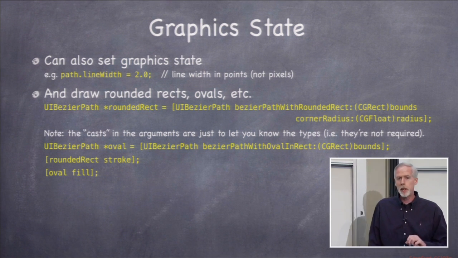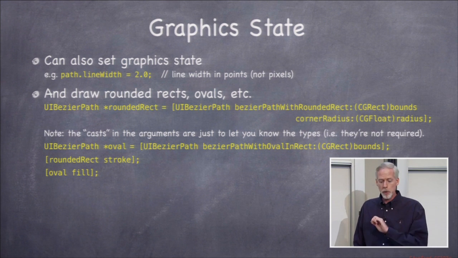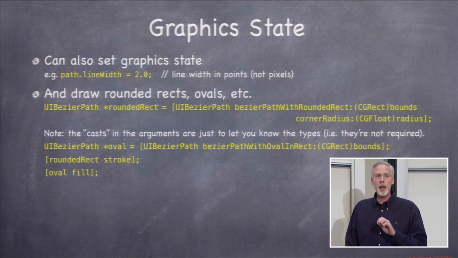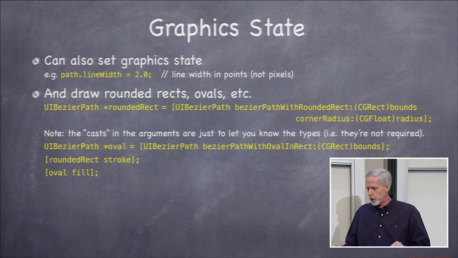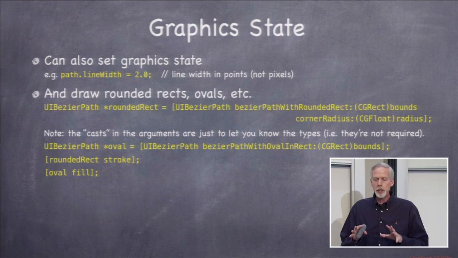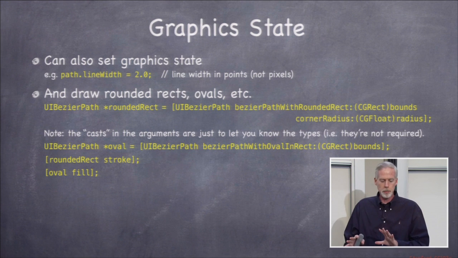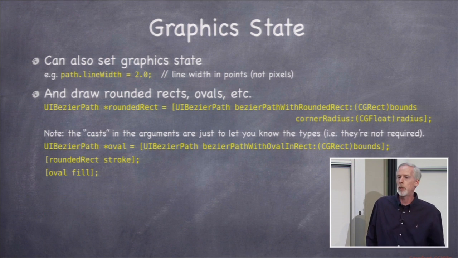And UIBezierPath also has a lot of cool functions like bezierPathWithRoundedRect:cornerRadius:, and that will give you a path which is a rounded rectangle inside of certain bounds. It has a bunch of other ones similar to that so that you can build more complicated things than line-to, line-to, line-to. I just showed you that because it's simple. So that's how you would, for example, create an oval.